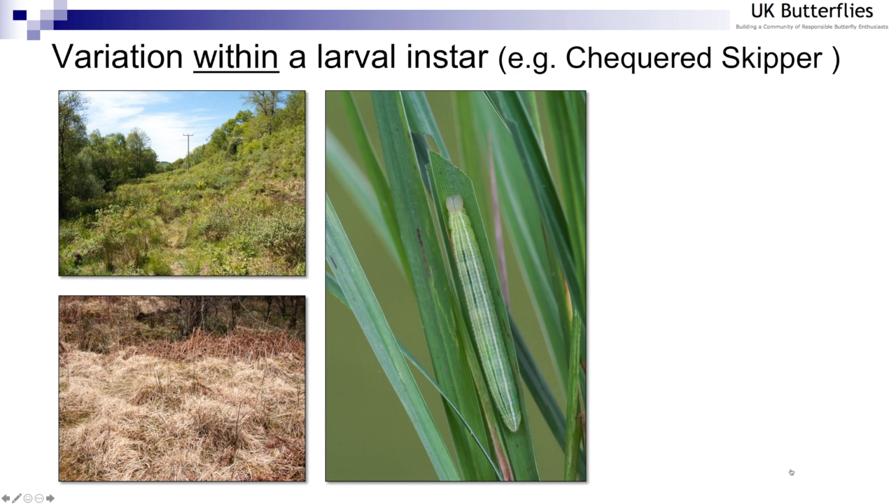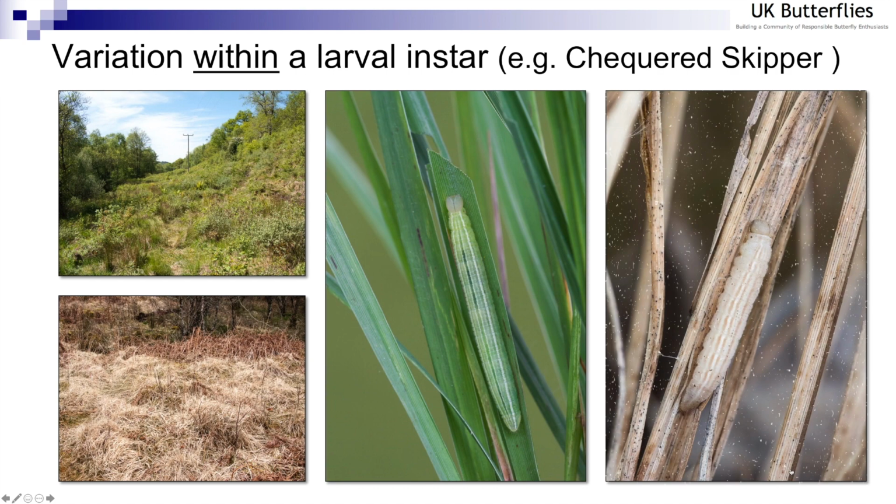But as you can see, the purple moorgrass dies off and becomes very straw coloured, and without feeding, so post-winter, after it's hibernated, when it emerges in the spring, the chequered skipper larva perfectly matches the colour of the purple moorgrass that has died back. So an amazing evolutionary phenomenon that we see here in terms of the change of the chequered skipper larva going from green to brown to match its food plant, as we see here.